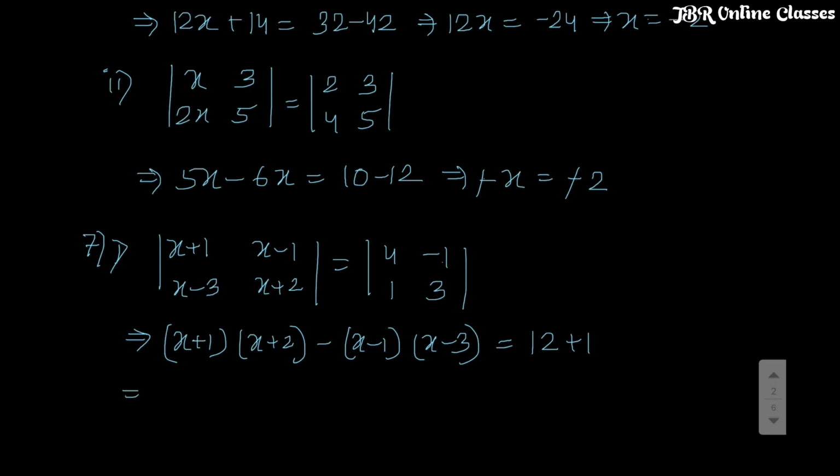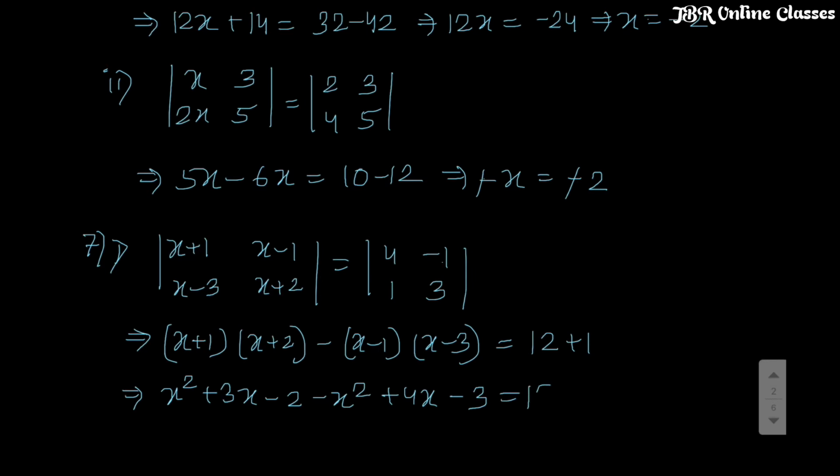Okay, so on the left hand side you have x square plus 3x plus 2, minus x square, then minus the product of x minus 1 and x minus 3, so minus 4x plus 3.